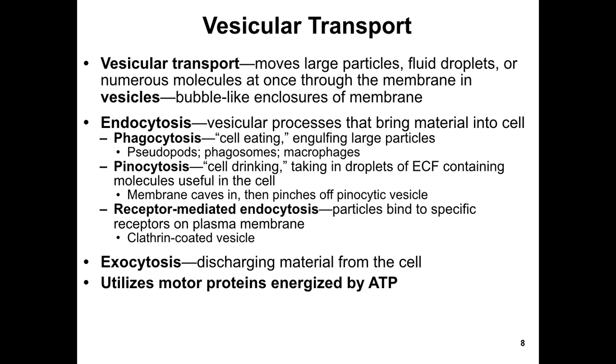So if we have like a membrane here, and let's say that this membrane wants to eat this bacterial cell, right? Then what happens is the membrane kind of forms itself into a bubble surrounding this bacterial cell.